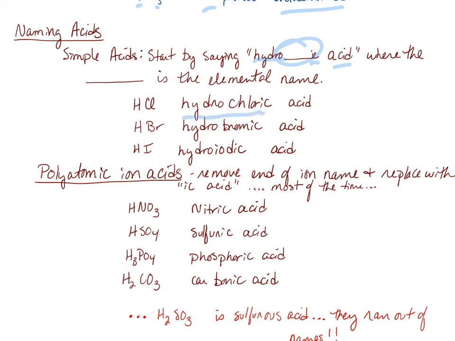Like hydrochloric acid would be HCl. Hydrobromic acid is HBr. This one sounds funny. Hydroiodic acid is HI.